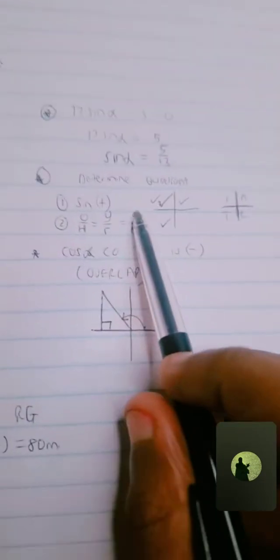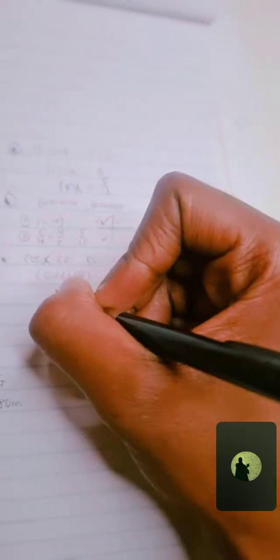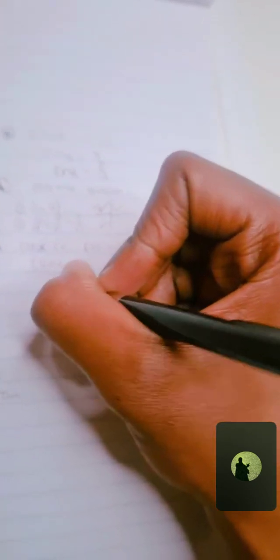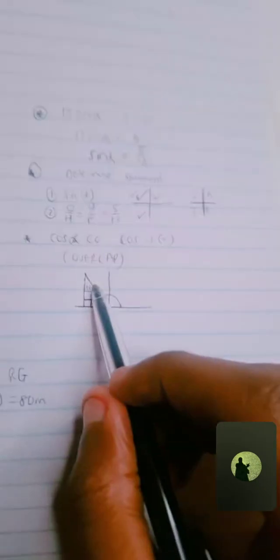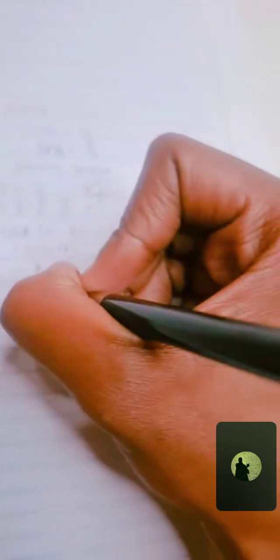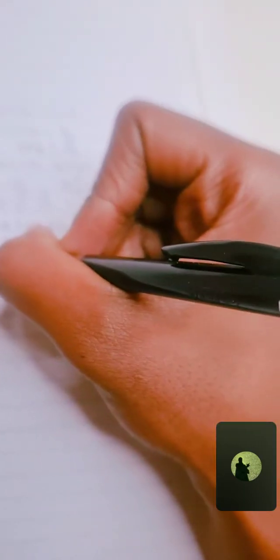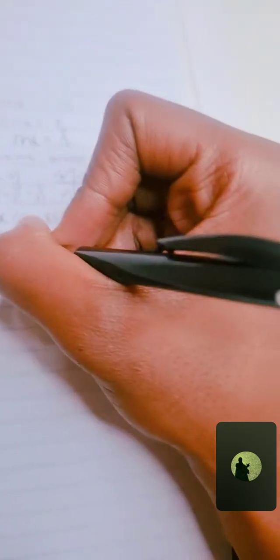We are going to use 5 over 13 to label the sides. I usually say mark the 90, then make sure the angle at the top is 90 minus alpha, because we are dealing with alpha there. Then here, 5 over 13, opposite over hypotenuse. That's y is equal to 5, r is equal to 13.